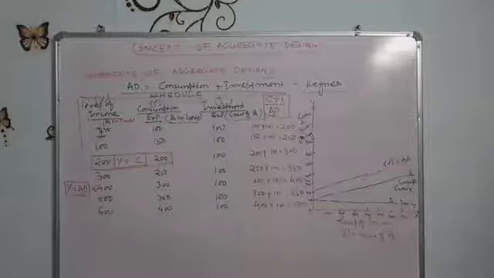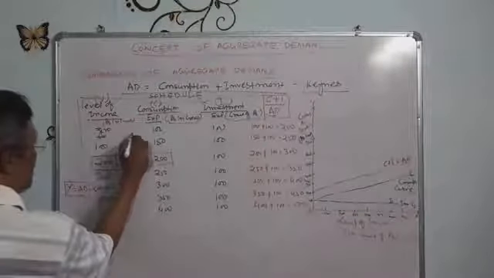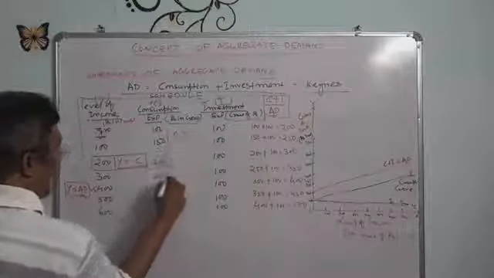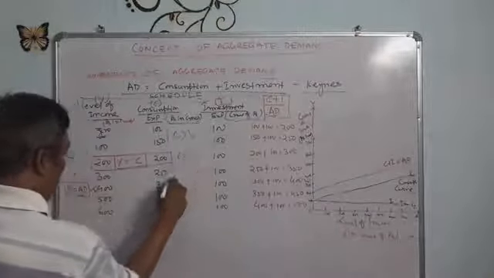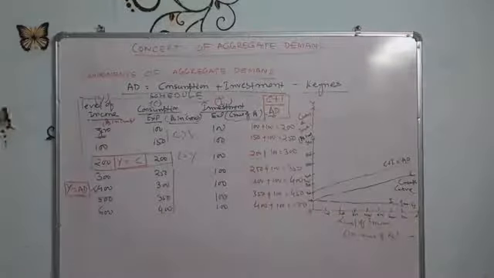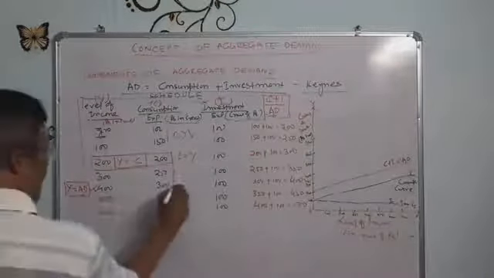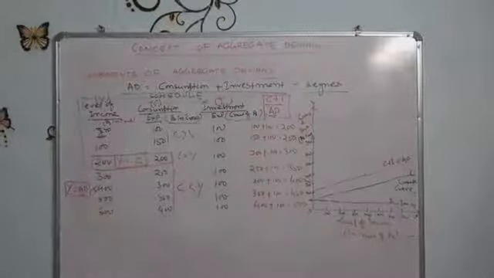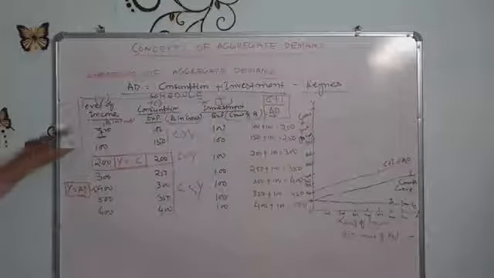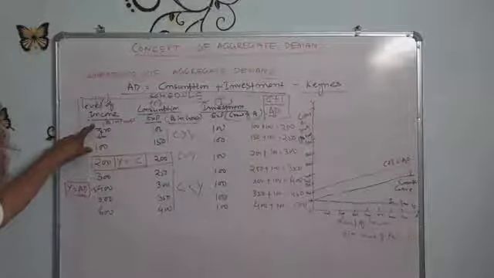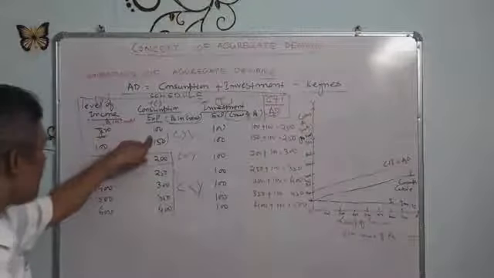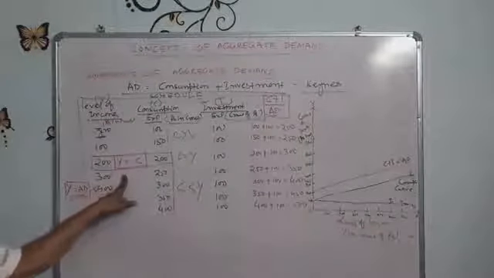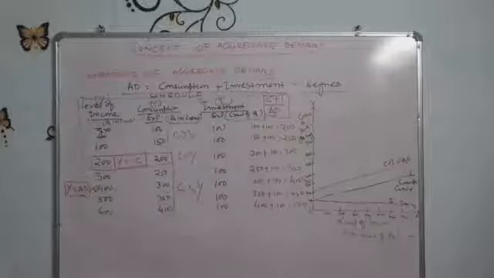It means here C is greater than Y. Here C equals Y, and after the 200 level of income, Y is greater than C, or C is less than Y. I want to say that before the 200 crores level of income, consumption expenditure is more than income, and after the 200 level of income, consumption is less than income.